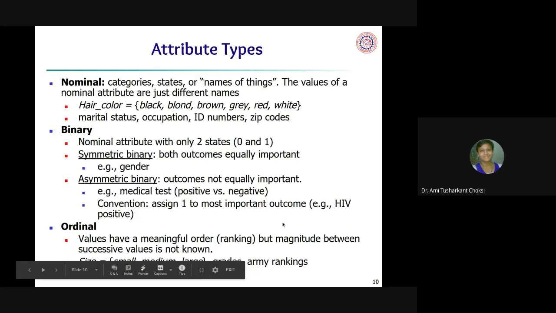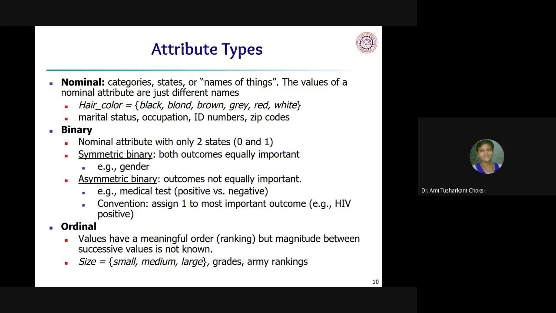The next type is ordinal. The name itself says that values have a meaningful order, but the magnitude between successive values is not known. What does that mean? You can say 1, 2, 3. So order is there. Can we have that? Yes, you can. But consider the magnitude between successive values.